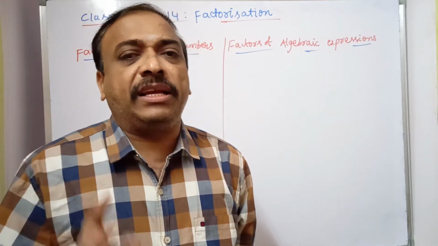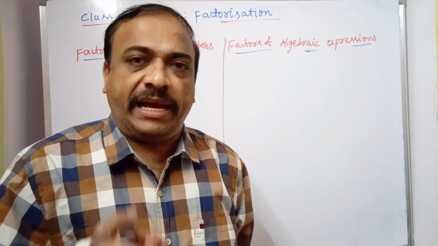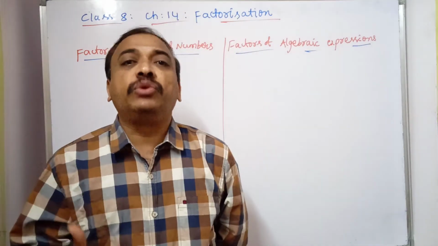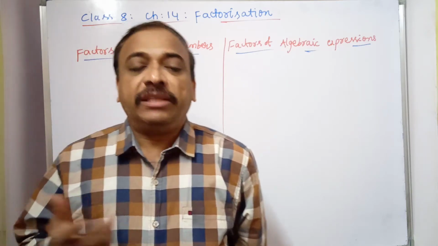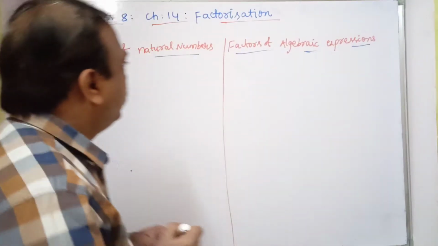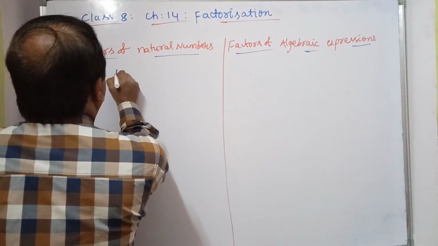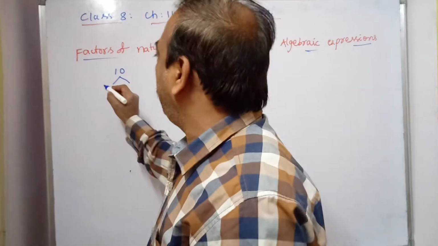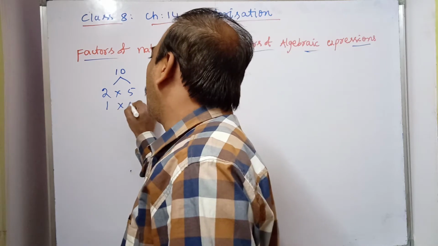Particularly like 10, how do we approach, how do we get it as a product of some numbers? So we write the factors of 10. 10 can be written as 2 into 5, or you can write it as 1 into 10.